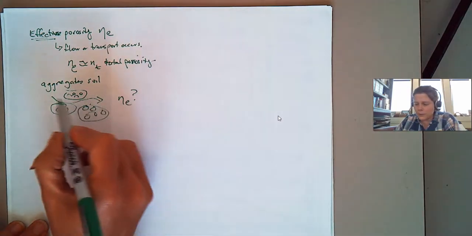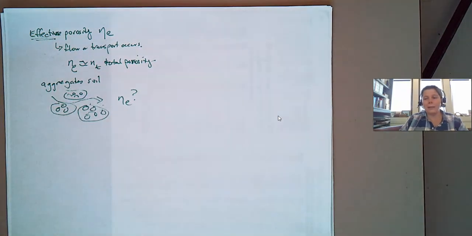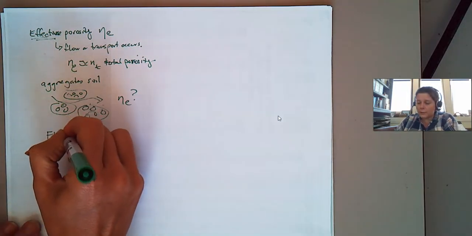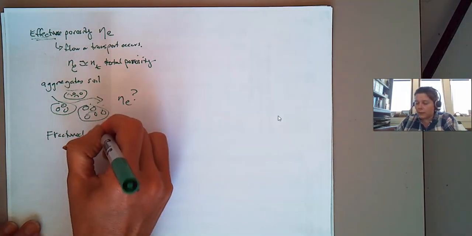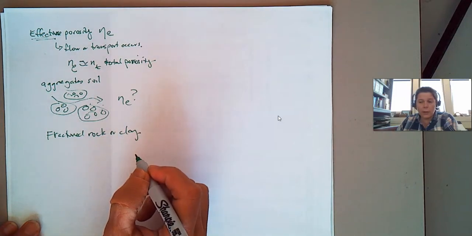Well, it's really just that flow through the macropores. So, when you just have flow through macropores, then that tells us what the velocity is. If you had a fractured rock or a clay, what is the effective porosity?